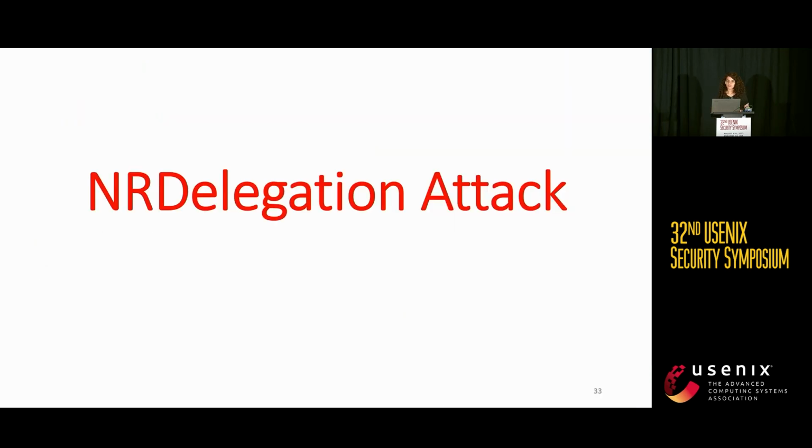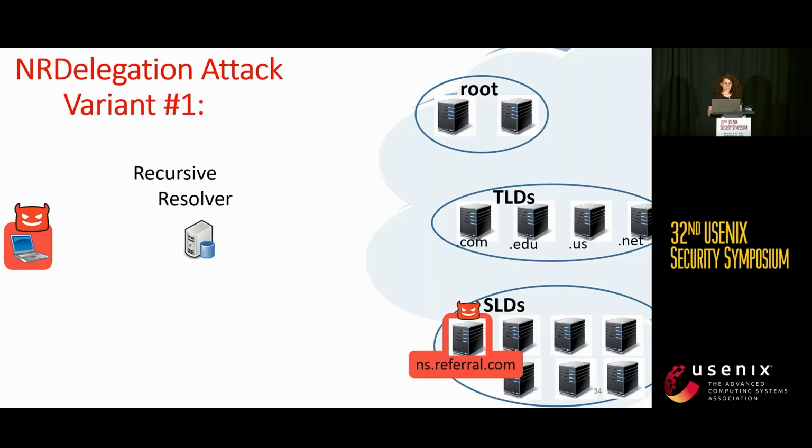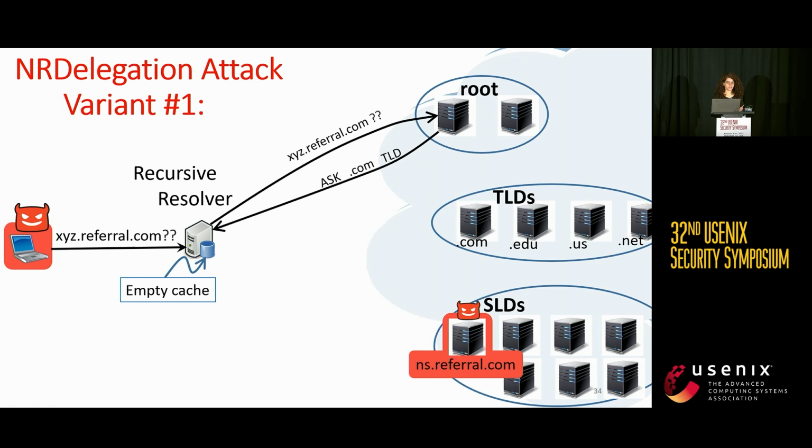Now let's see how those mechanisms are used as part of the NRDelegation attack. I'm only going to show you 1 of 4 variants of this attack, and you can of course see all of the variants in the paper. In this variant, the malicious client queries about the malicious request, and the resolver again starts to resolve the query between the authoritative servers.